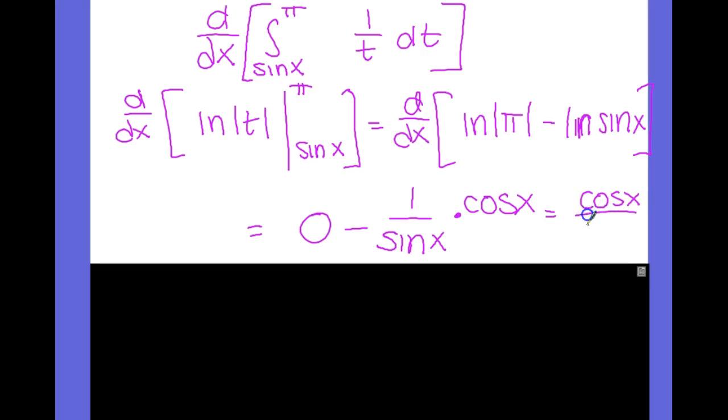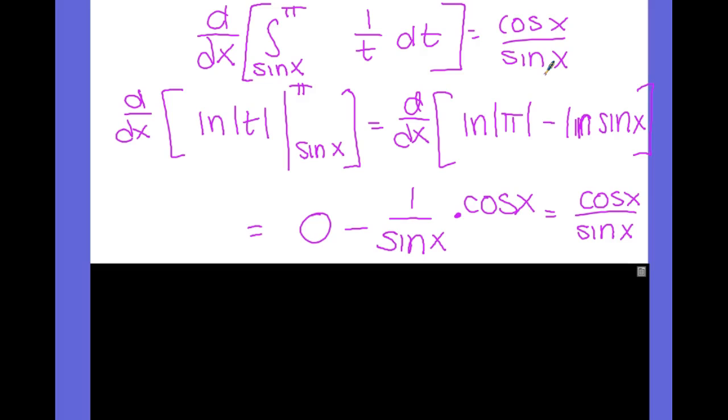So the derivative of the natural log of pi is 0. The derivative of the natural log of sine x, well, the derivative of the natural log says it's 1 over u times u prime. What's the derivative of sine? So the answer to this question right here is cosine over sine.